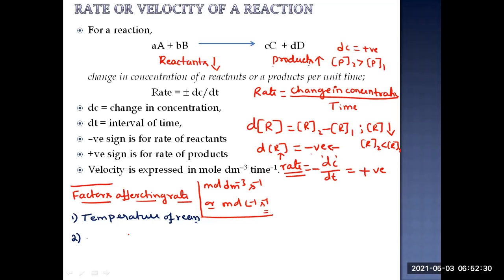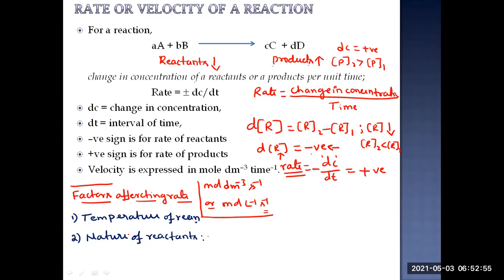Which is the other factor? Nature of reactants. So how nature of reactants will affect? See, generally, molecular reactions, that means reactions which involve whole molecule, like organic reactions, you can see.